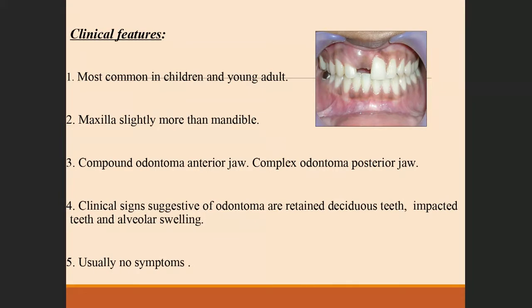Sometimes a patient might come with a retained deciduous tooth, an impacted tooth, a small alveolar swelling on the alveolar ridge, or sometimes infection. Here in this clinical picture, you can see the centrals have not yet erupted, so there is delayed eruption of the permanent teeth. These are the normal clinical signs and symptoms we see.